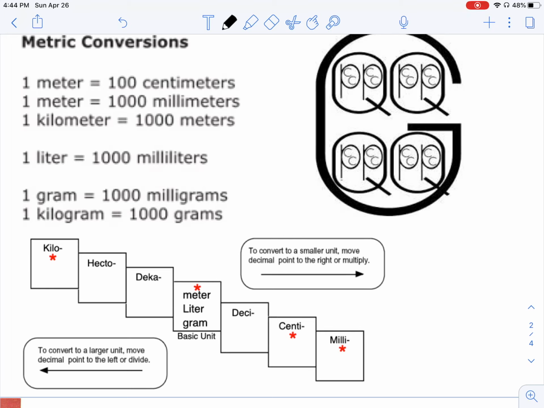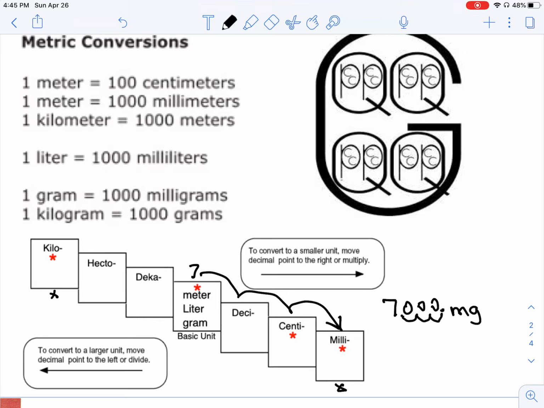If I'm here in the middle at the basic unit for grams, I'm going to need to go 1, 2, 3 decimal places to the right to turn it to milligrams. So 7 with my decimal point there would go 1, 2, 3, fill in with zeros, and so our new number is 7,000 milligrams.